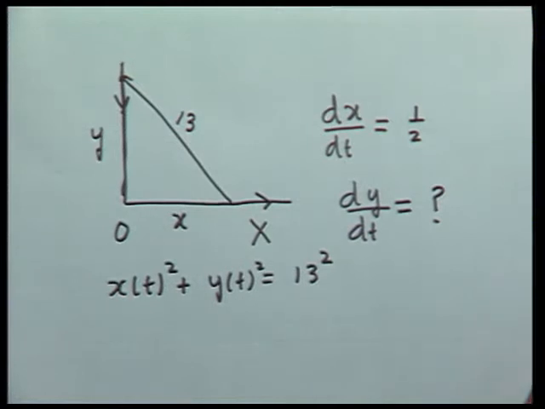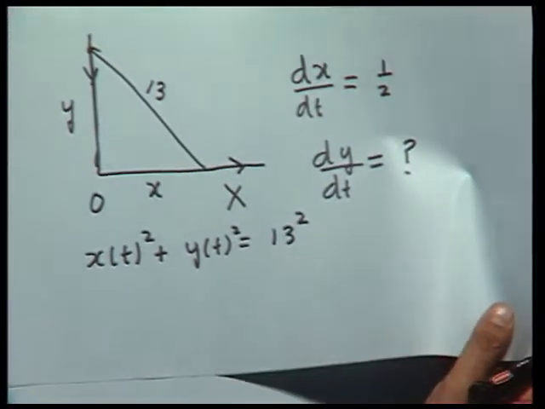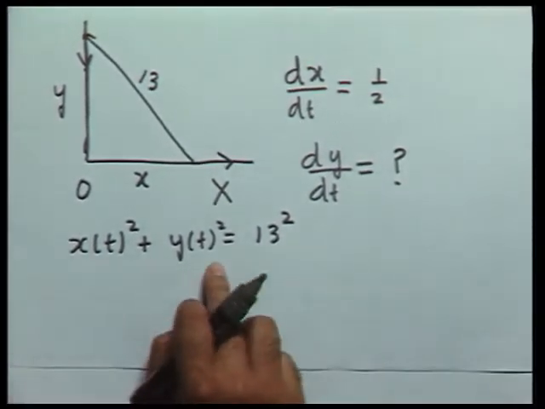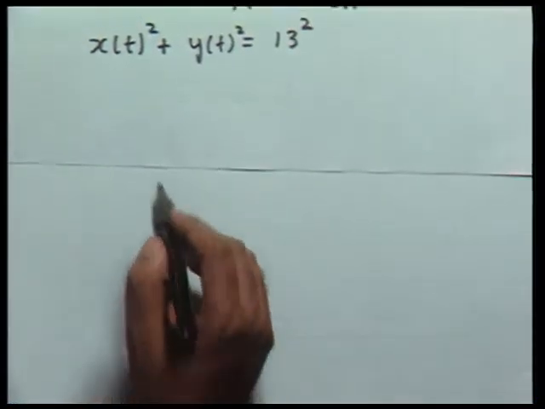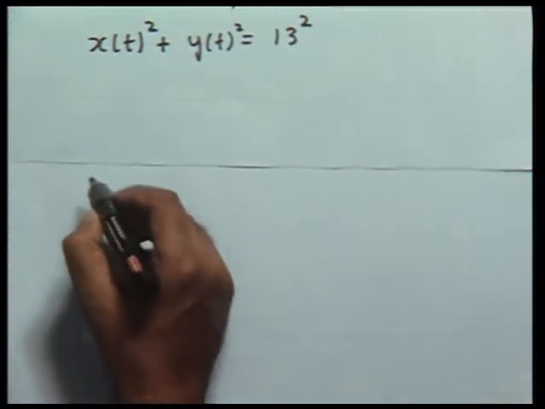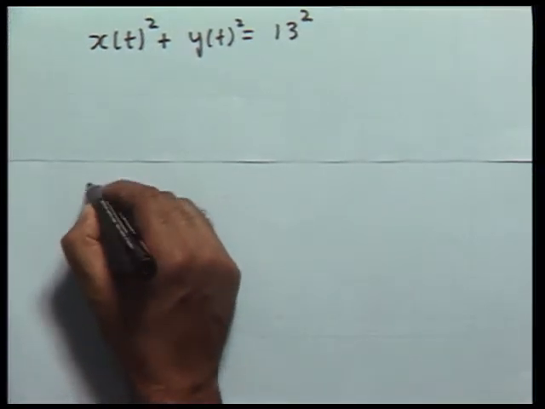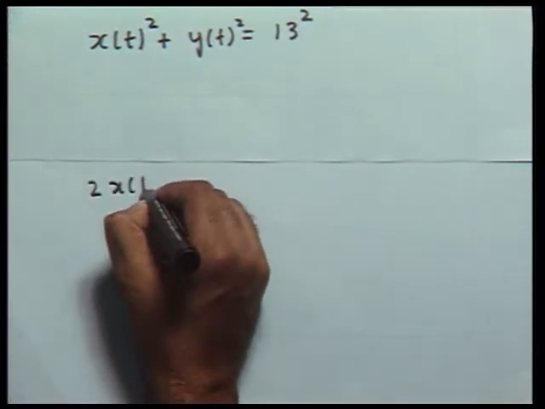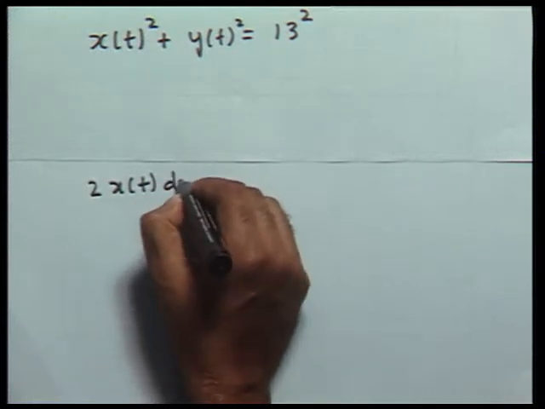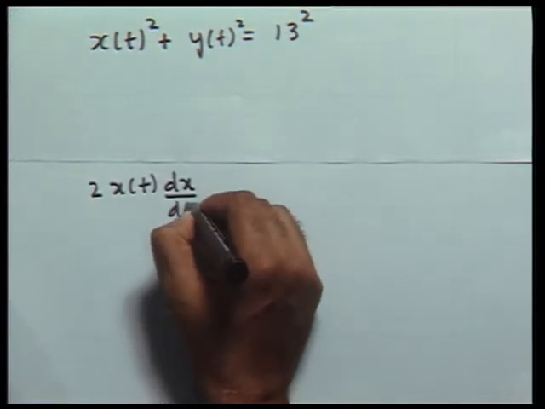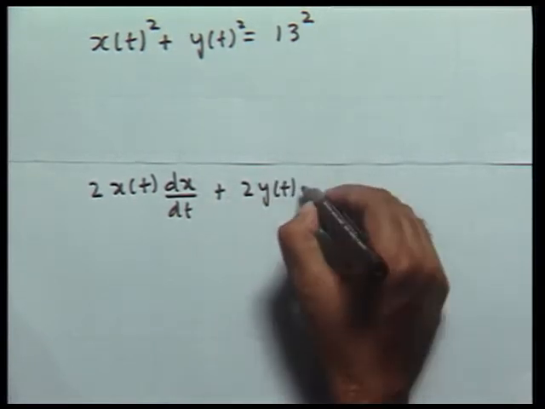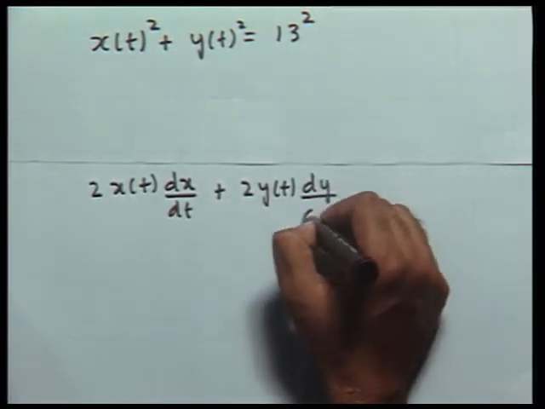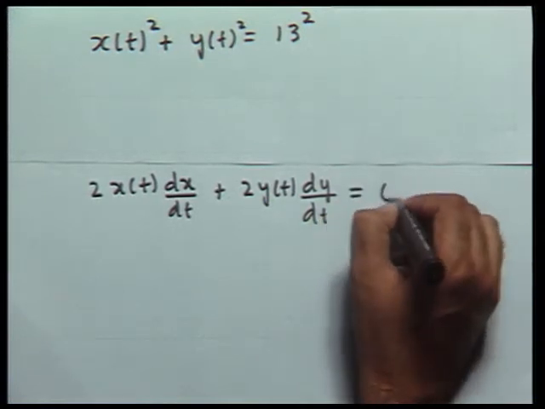Well, how do we do that? Let us just take a look at this expression and differentiate this with respect to t. When I do that, this is what I get. I am going to differentiate this with respect to t. So, I am going to get twice x(t) dx by dt plus twice y(t) dy by dt is equal to 0.